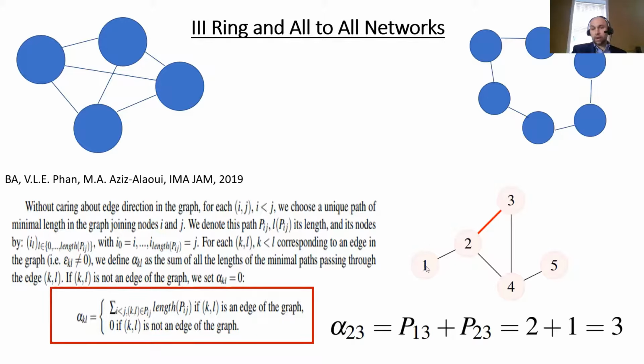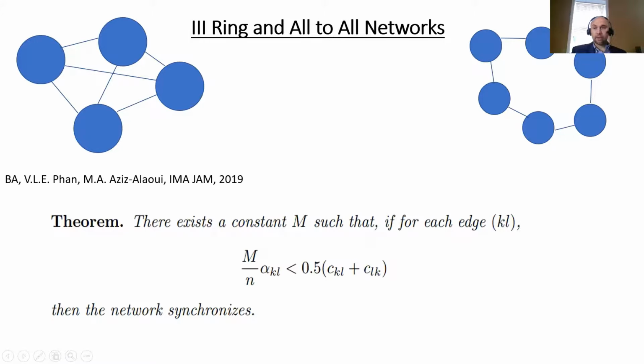Well, I have the path which goes from 1 to 3, which has a length of 2, and I have the path 2, 3 joining the node 2 and the node 3. So alpha 2, 3 equals 2 plus 1, which makes 3.